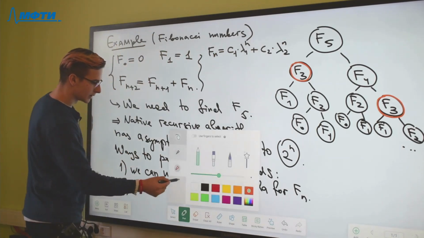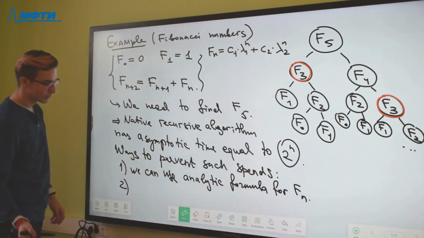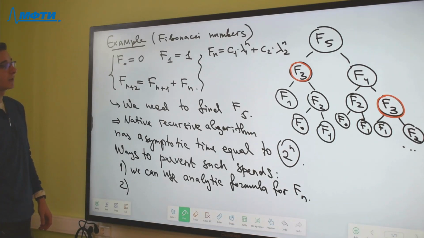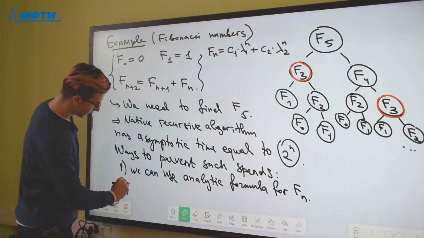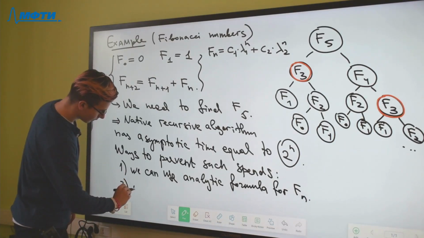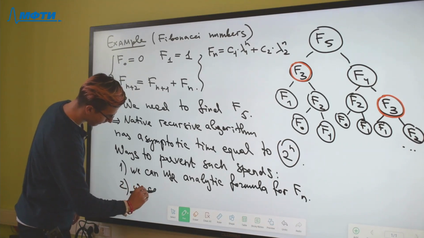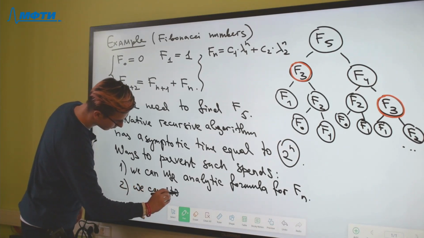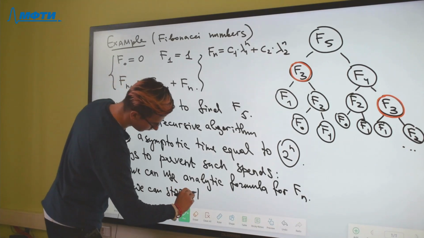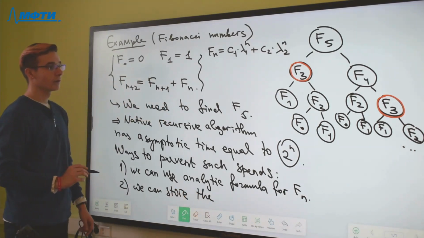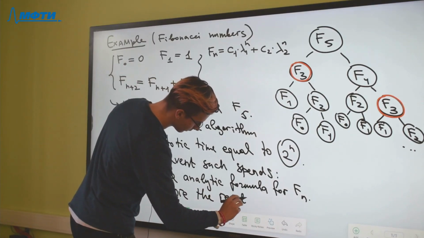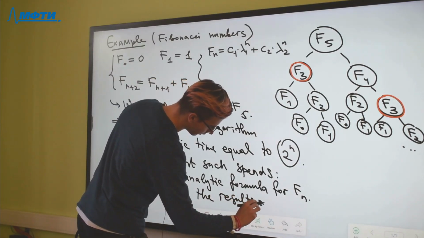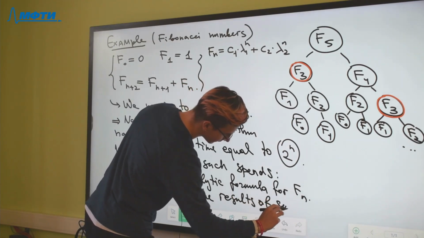So the second way we can use dynamic programming in this task is that we can store the results of subtasks.